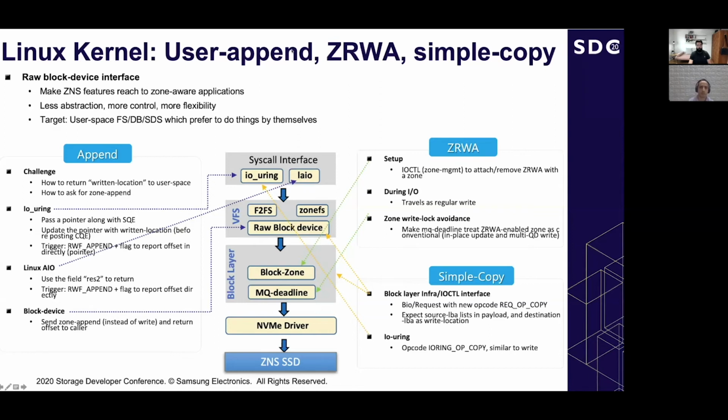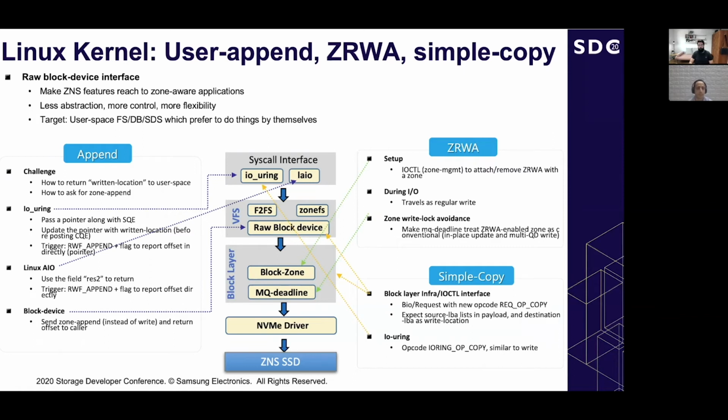And before I move to GRWA, a bit of touch base on the zone write lock. When multiple writes are issued simultaneously on a zone, either by multiple applications operating on a single zone, or one application sending writes at higher QD to a single zone, in both cases it may lead to errors because of the violation of the sequential writing within a zone rule.